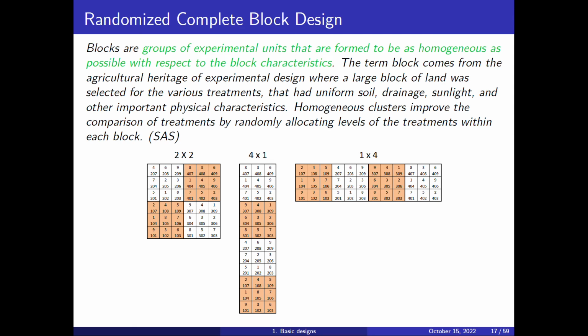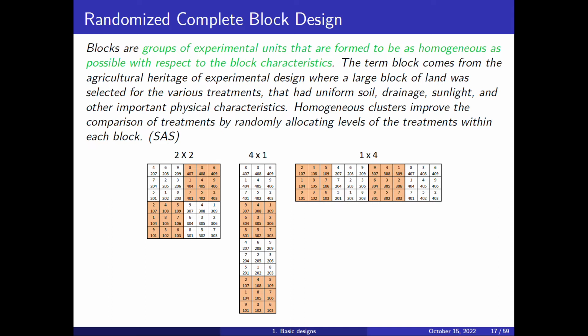So the name block comes from agriculture, because all these things, experimental design, were studied in agricultural studies.